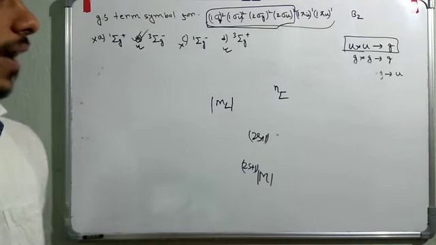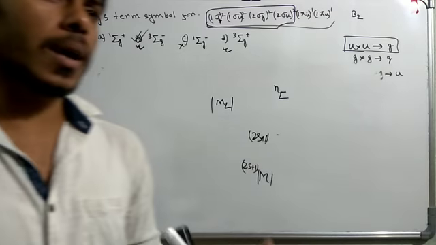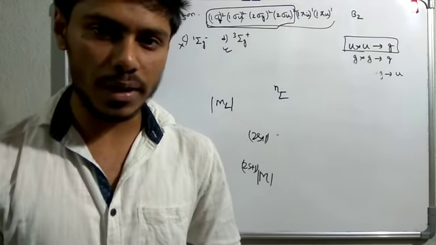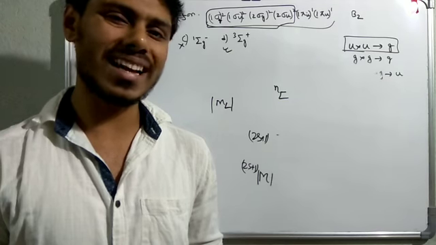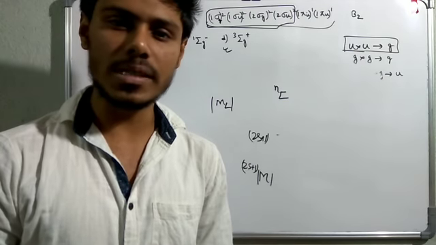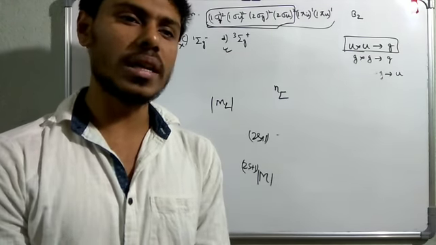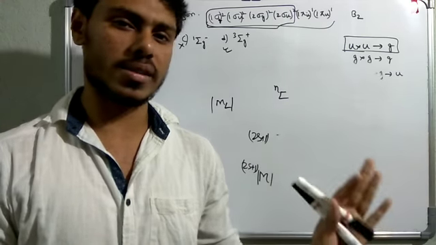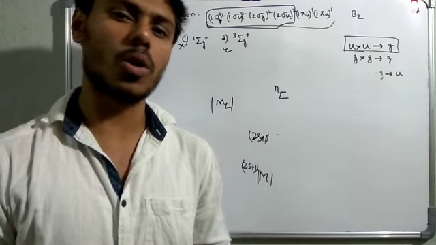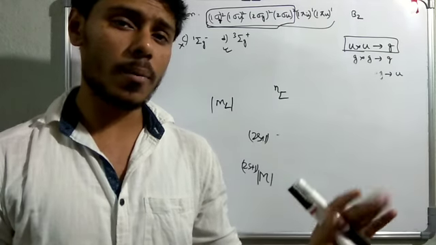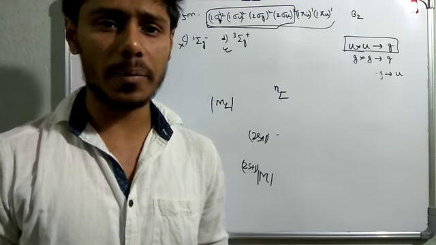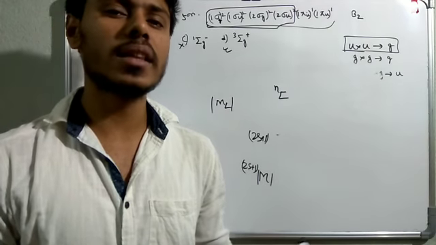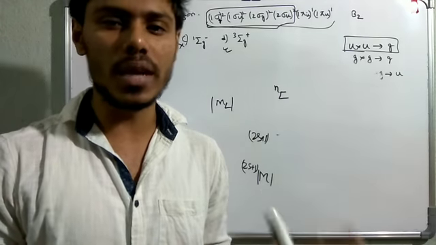Then you have to determine whether the orbital is symmetric with respect to a particular plane or not, and the shortcut is that a sigma orbital is always symmetric. So if you have only a half filled sigma orbital, then the sign of the term symbol will always be positive, and if you have one pi orbital, you cannot determine the sign, but if you have 2 pi orbitals, then their multiplication will always give you negative.